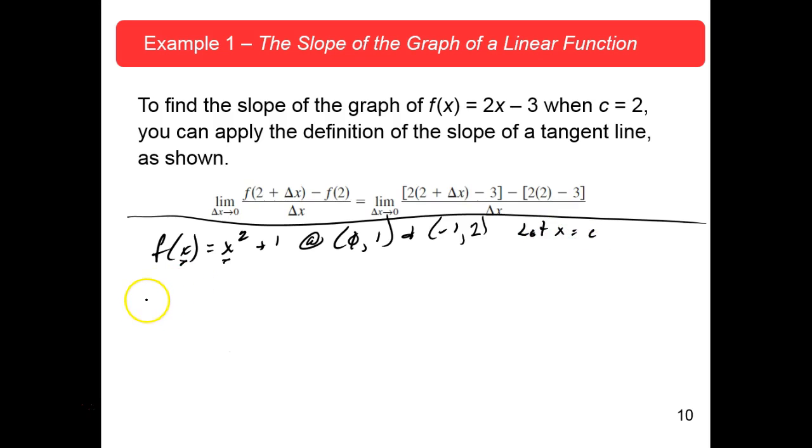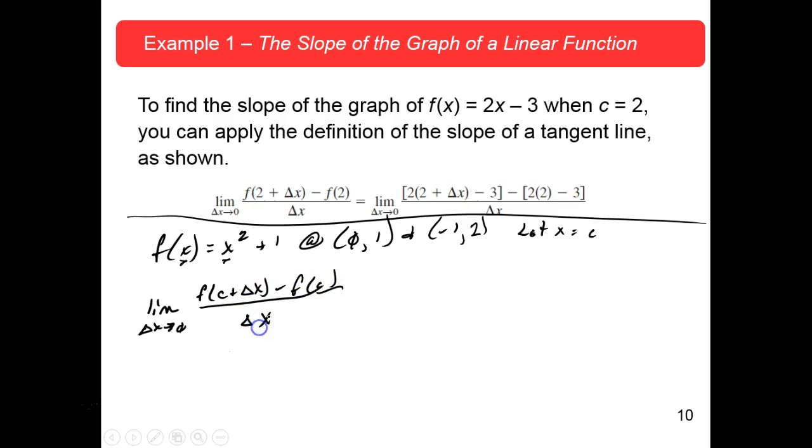So then the slope at c, they're going back to that form, would be the limit as delta x is approaching 0 of f of c plus delta x minus f of c. We'll go back in and plug in 0 later. I was doing it right off the top.